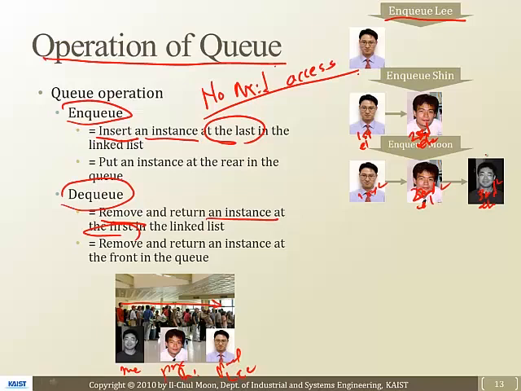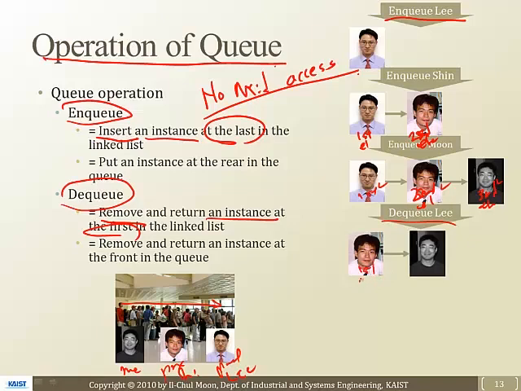Here, in this case, enqueue doesn't change anything. However, dequeue changes the index: Prof. Shin becomes the first element after dequeuing Li, and I become the second element, and I'm going to be the first element after dequeuing Shin.